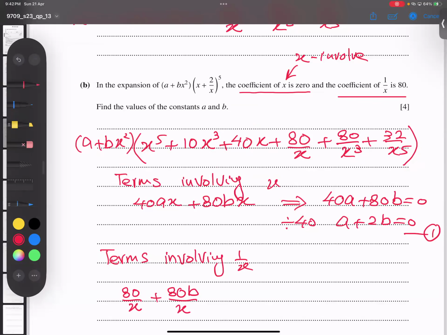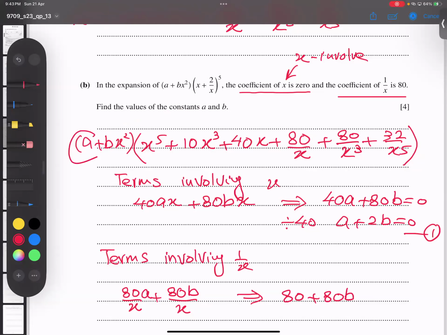So now, because he said that the coefficient of 1 over x is 80, I can write here 80 only and 80b. Sorry, wait a minute, please. Is a involved? No, hold on, let me check. He said 1 over x. No, a was involved, 80a, sorry. So a times this. So I missed a actually.